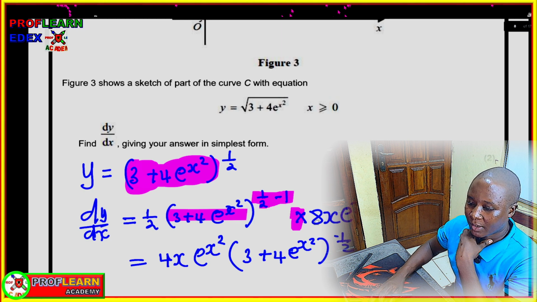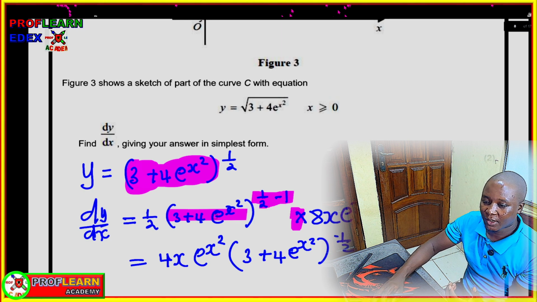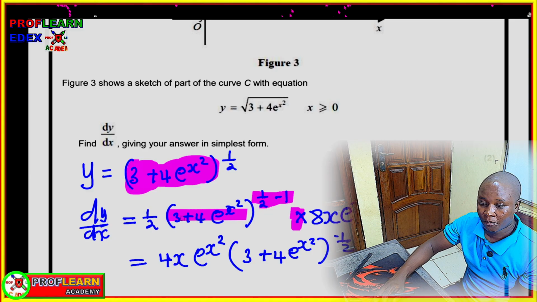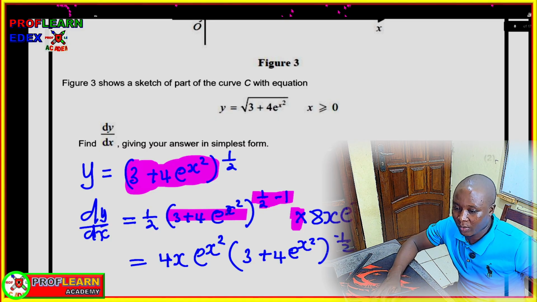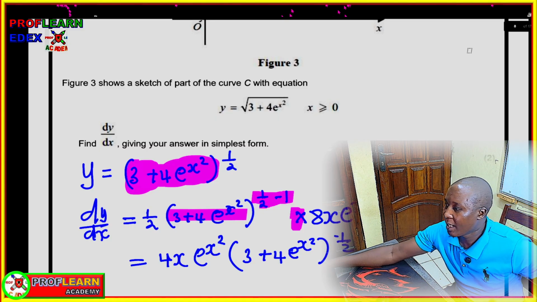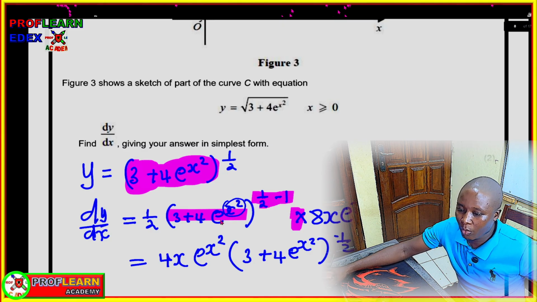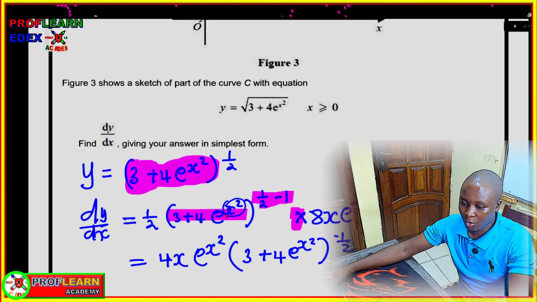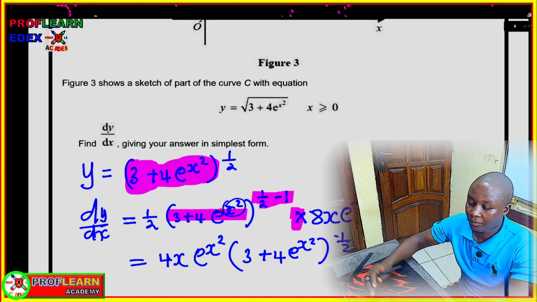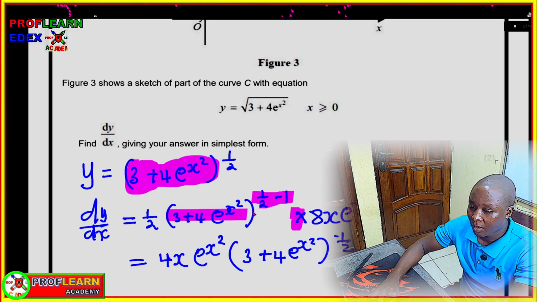And that's why you can see whenever you are differentiating 3, it will be 0. 4e^(x squared), you look at the power. If you differentiate this power that we have here, you are going to have 2x. So that 2x times 4 is going to give us 8x e^(x squared).